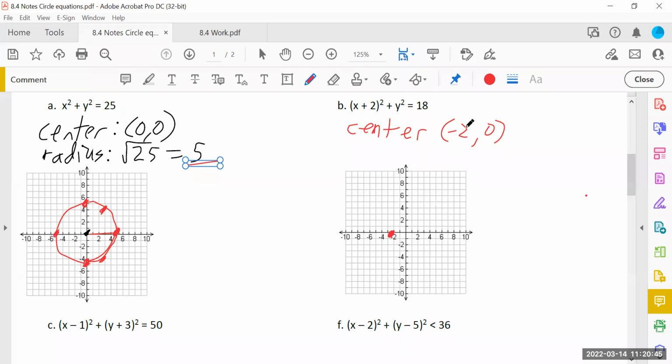Then I need a radius. So the radius is the square root of 18. Well, that doesn't have a nice answer. We could reduce it. We could say the square root of 18 is 9 times 2, 9 is 3 times 3. So you can take a 3 out, make it 3 root 2.